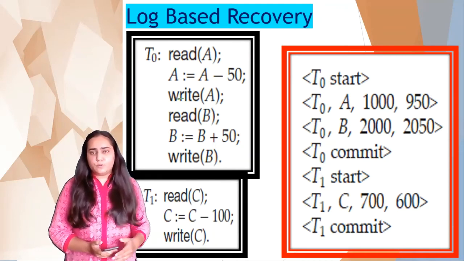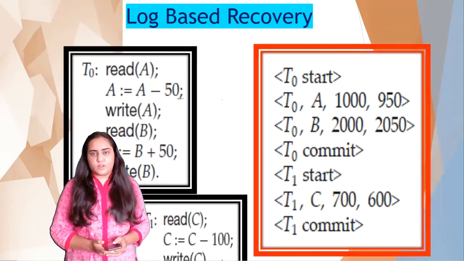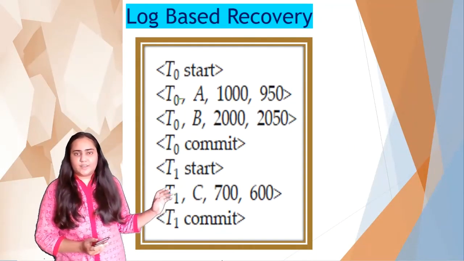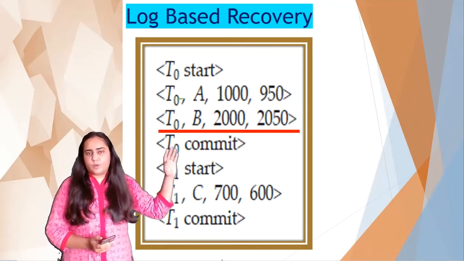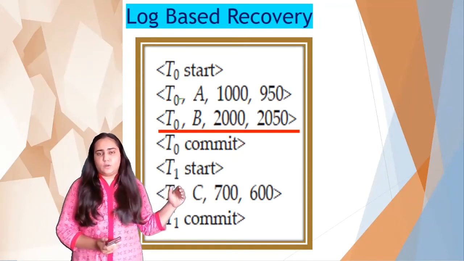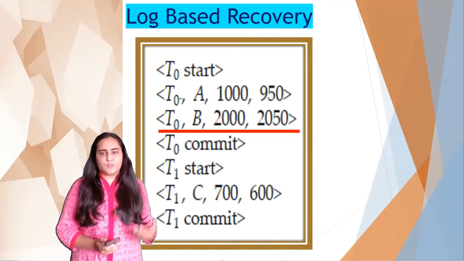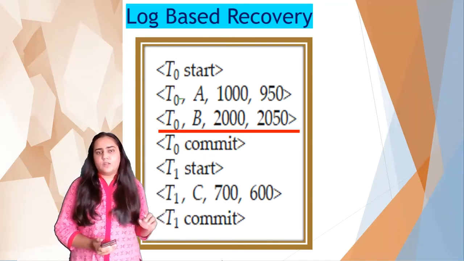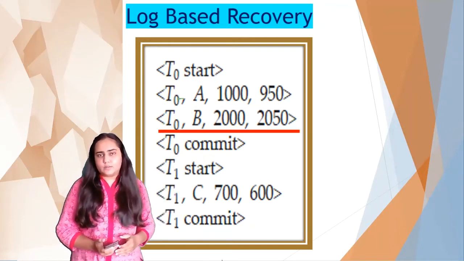Now let me show you how we can use this log in order to make a database recovery. In this log, consider that there is a failure at this point, which means only 3 entries were made in the log, and after that there was a transaction failure. This is all my log contains, the first 3 lines.